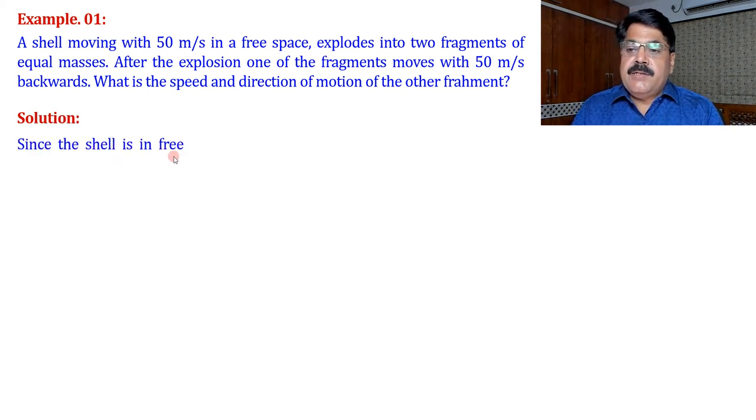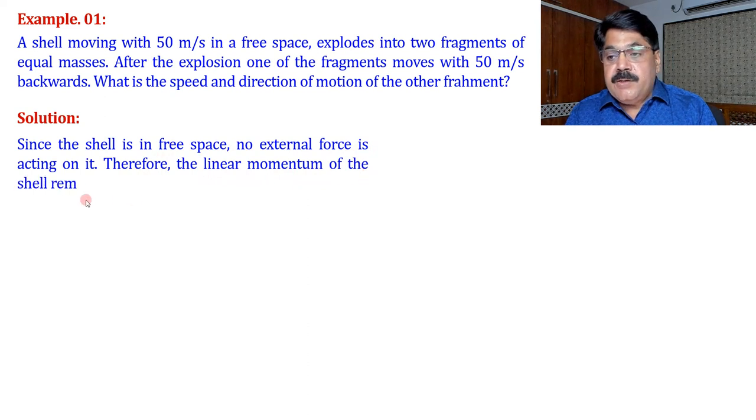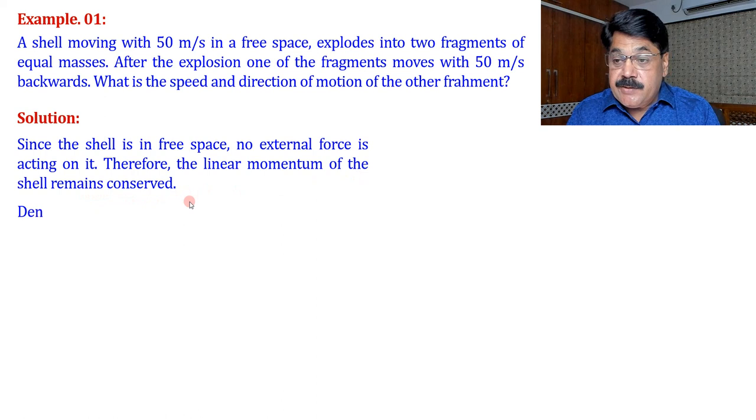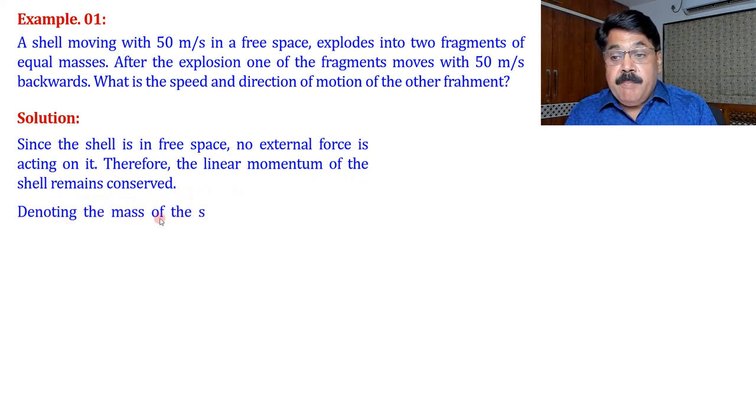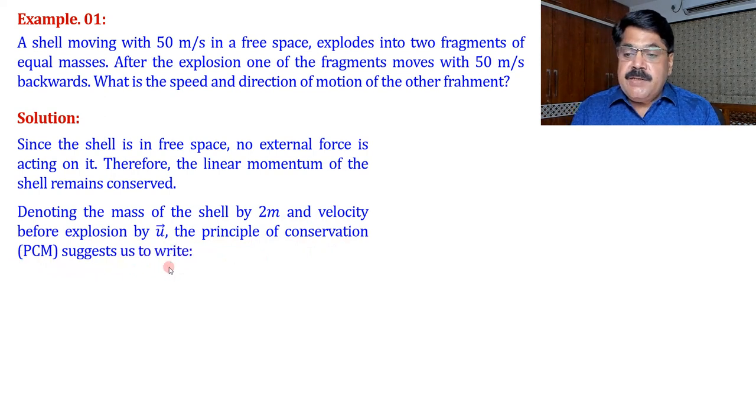Since the shell is in free space, no external force is acting on it, therefore the linear momentum of the shell remains conserved. Here conserved means strictly conserved. Denoting the mass of the shell by 2m and velocity before explosion by u vector, the principle of conservation of momentum, PCM, suggests us to write.